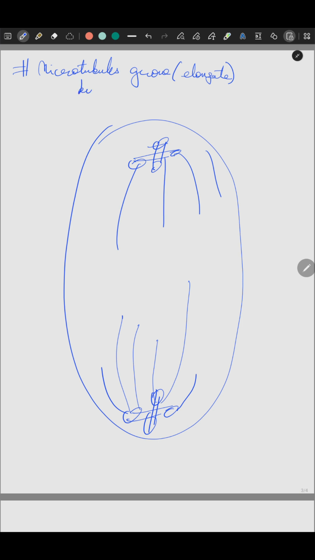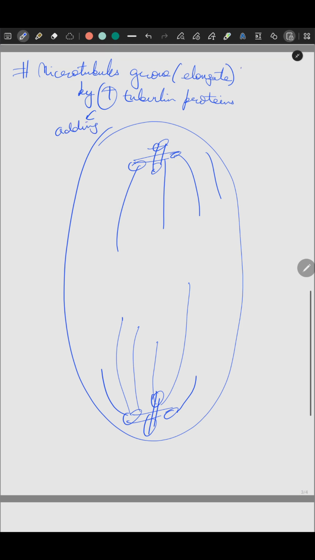It is done by adding more tubulin proteins. We call this process polymerization.